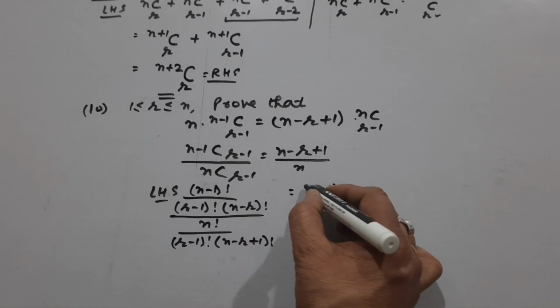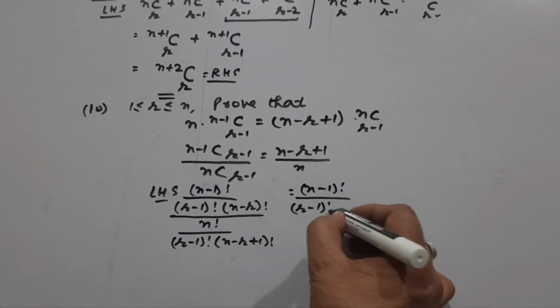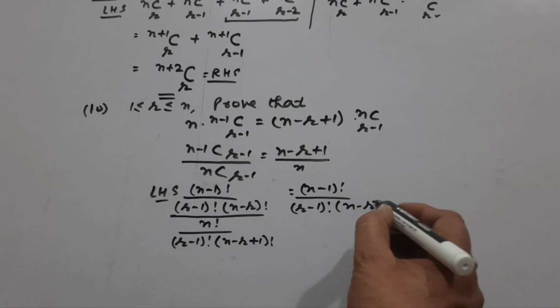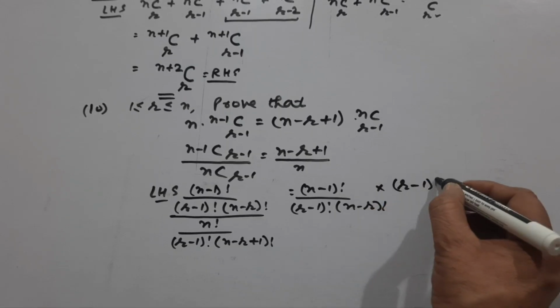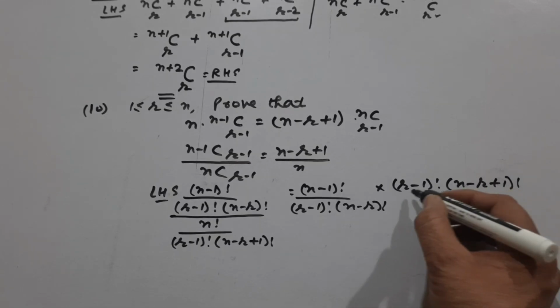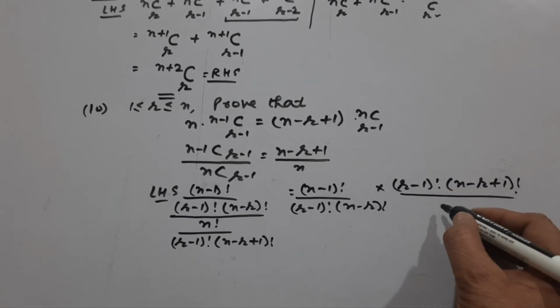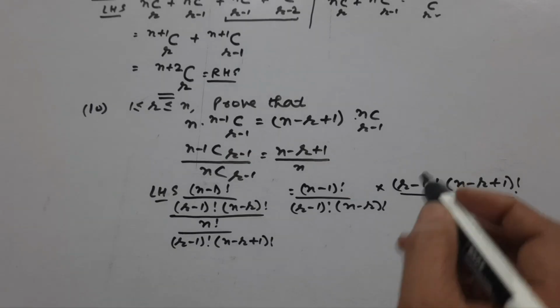Now solving it further, n-1 factorial upon r-1 factorial, n-r factorial, and over here r-1 factorial, n-r+1 factorial upon n factorial, right?